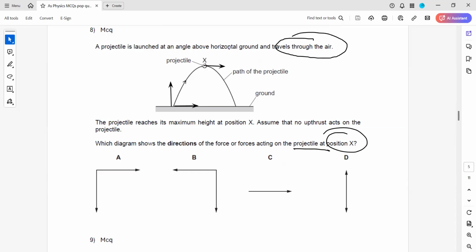The air resistance or the drag will be the force which opposes the motion. So one of the forces which tries to oppose the motion, at position X, will be on the left hand side. Another thing, because this projectile does not leave the earth, it is under the influence of gravity. So there should be a gravitational force or the weight of the projectile acting downward. So what are the two forces acting on this projectile? One is the drag or the air resistance, and the second one is the weight of this projectile.